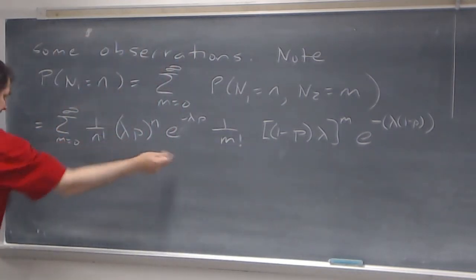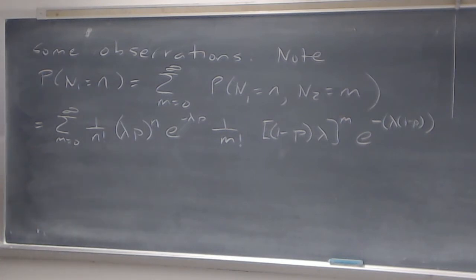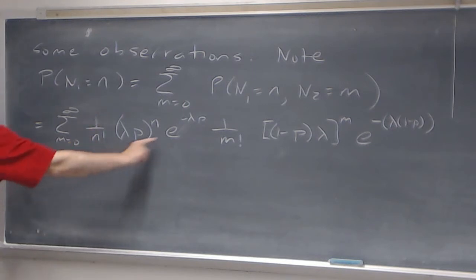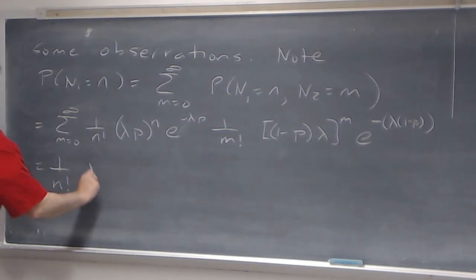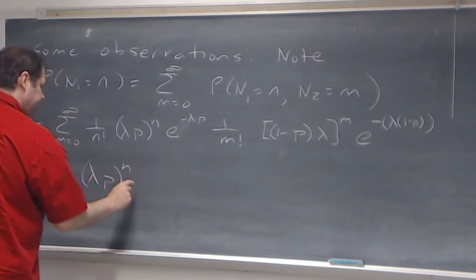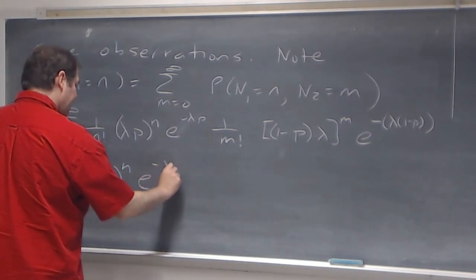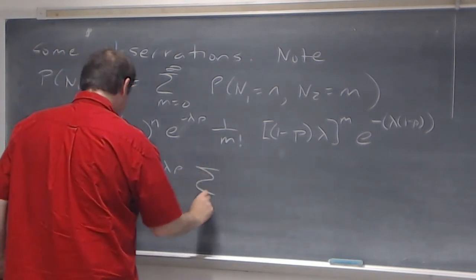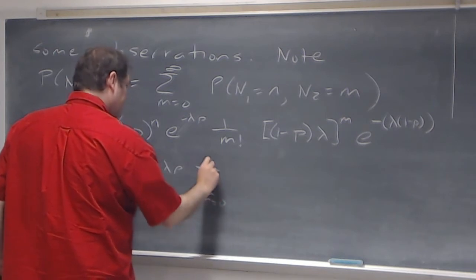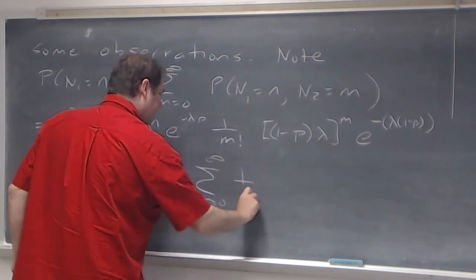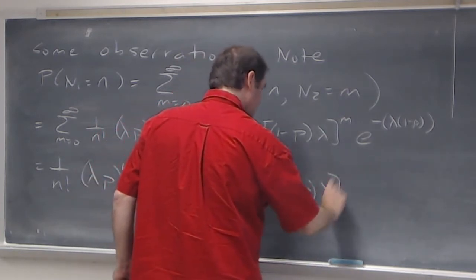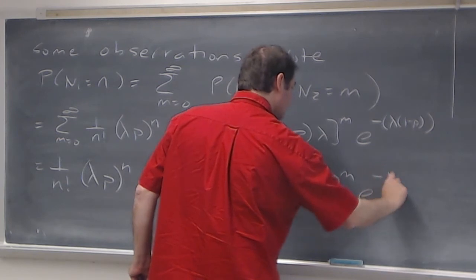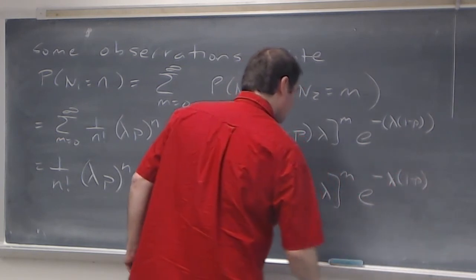Here we can see that the first factor is a constant with respect to m, so I can pull it out. It's 1 over n factorial lambda p to the n e to the minus lambda p, times the summation as m runs from 0 to infinity of 1 over m factorial, 1 minus p times lambda to the m, e to the minus lambda times 1 minus p.